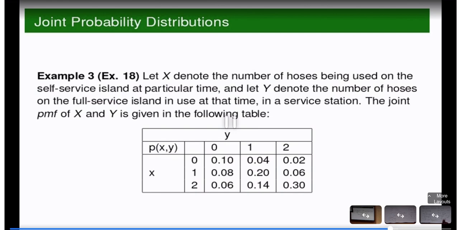In a service station, the joint PMF of X and Y is given as this. This time around, X and Y have the same levels, 0, 1, 2, 0, 1, 2. What they gave you in the table represents the probability of the joint, putting into consideration different levels of X and Y.